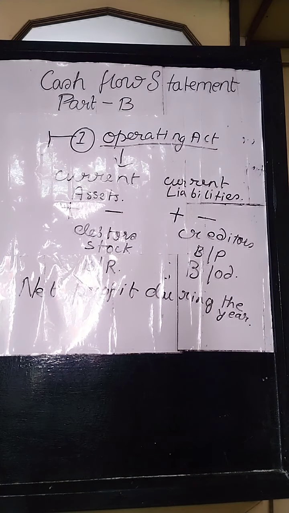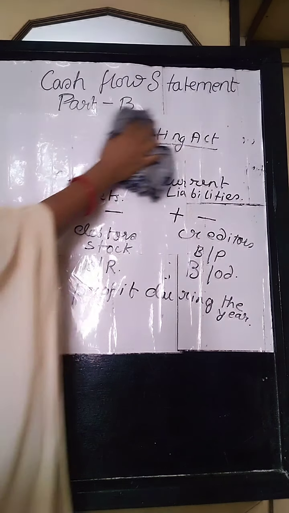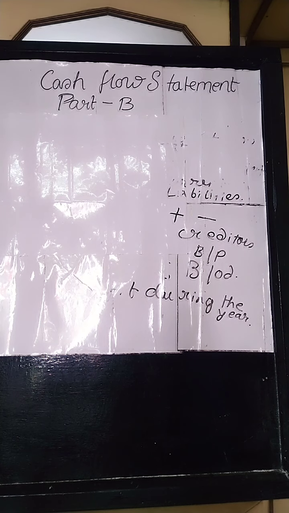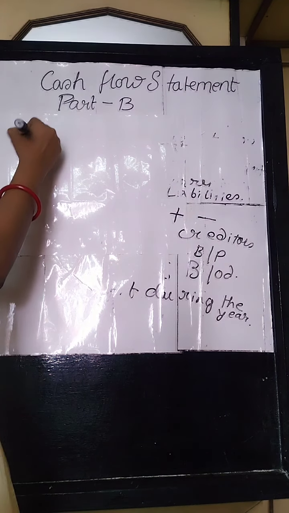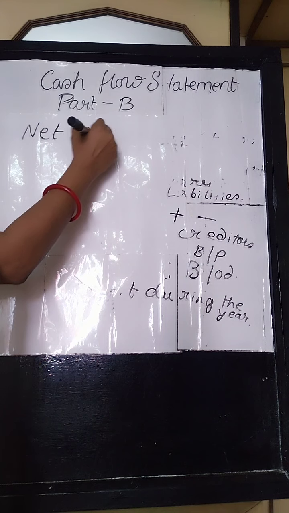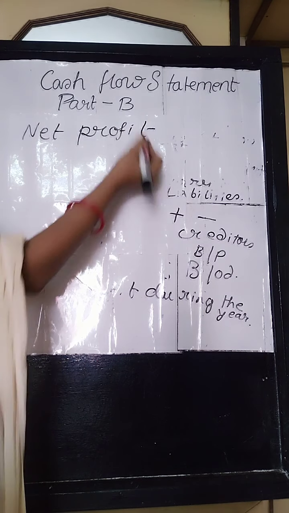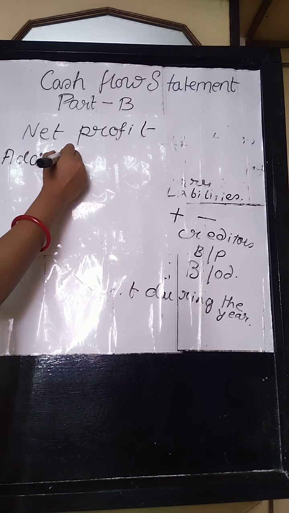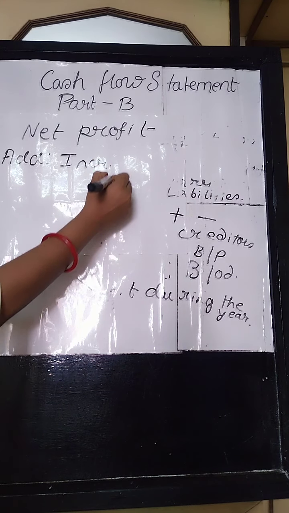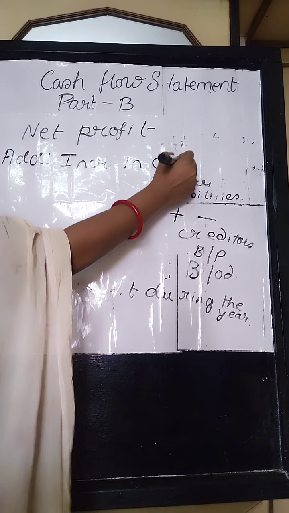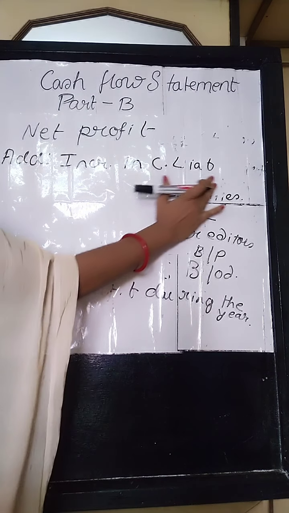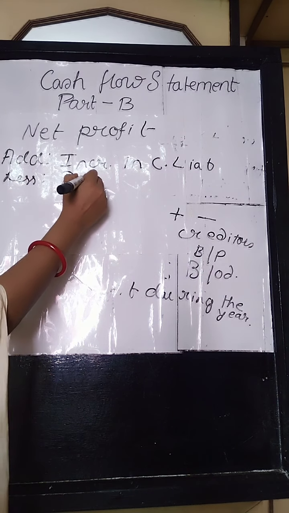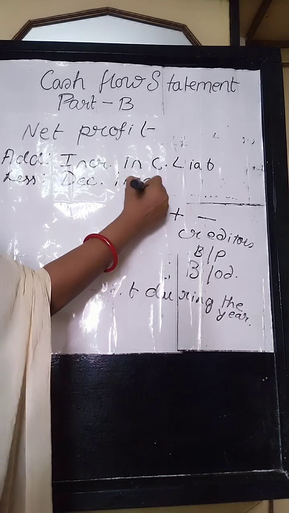I tell you in a nutshell. In the case of operating activity, the first part of the sum, we will take the net profit earned during the year. With that, we will add any increase in current liabilities, and we will deduct just the opposite, that is any decrease in current liabilities.